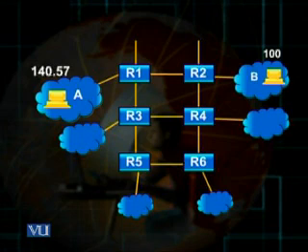Therefore, these data packets from the web server are delivered to R2. R2 then sends them to R1. R1 is now the destination router. It would ask the network server on network number 140.57 to provide it the MAC address of client machine A. Finding that MAC address, it would insert that MAC on the data packets, and they are forwarded to client machine A. Remember that the data packets supplied by the server to the client are numbered at the server side, but it is not necessary that they reach the client machine in the same order.